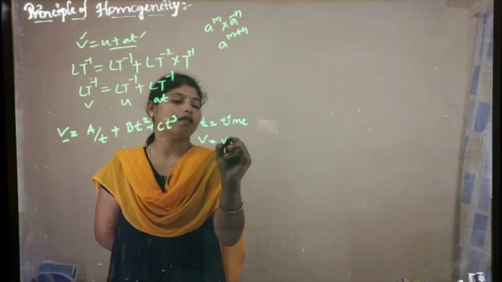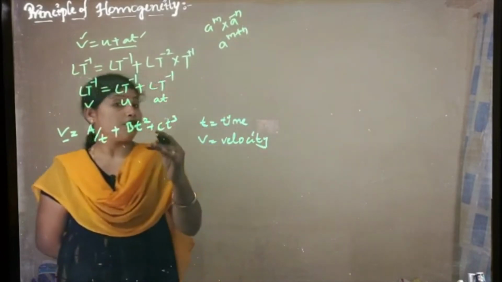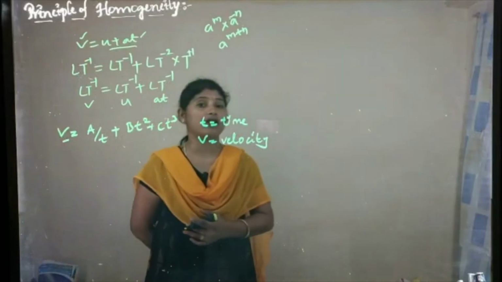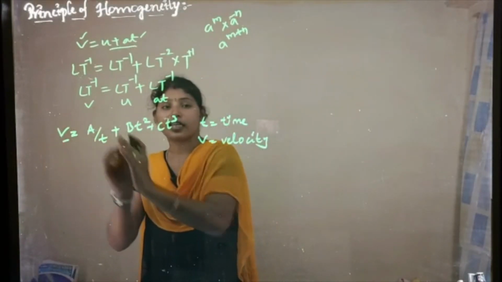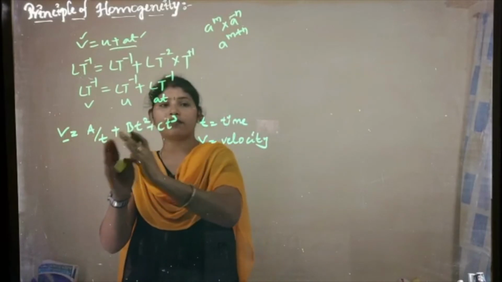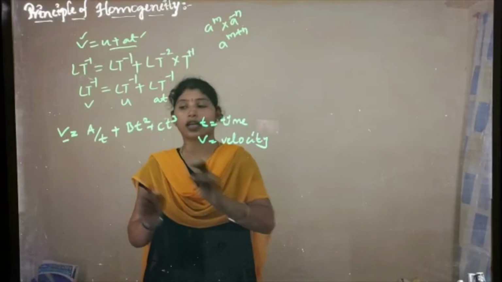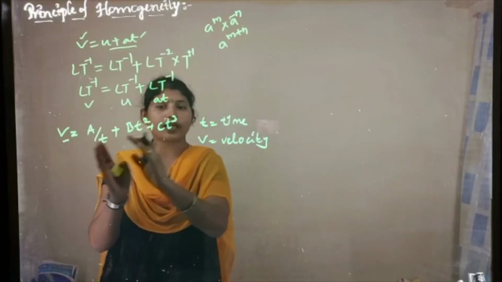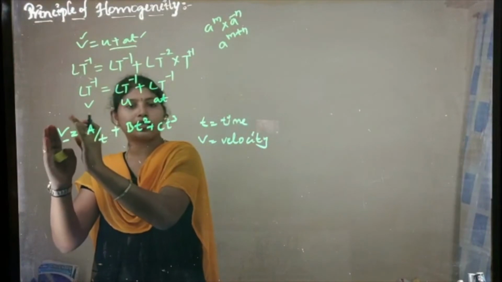From the homogeneity principle, the dimensions of the left hand side term equal the dimensions of each term on the right hand side. There are three terms on the right hand side, and each term is equivalent to the left hand side dimension.